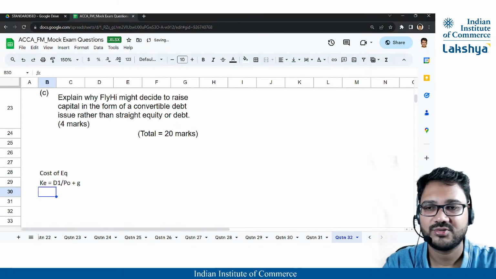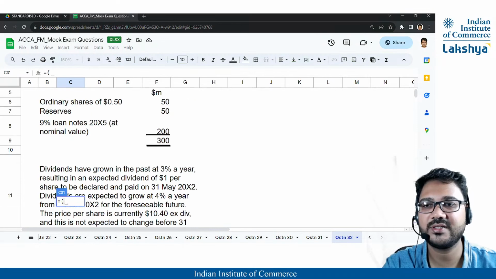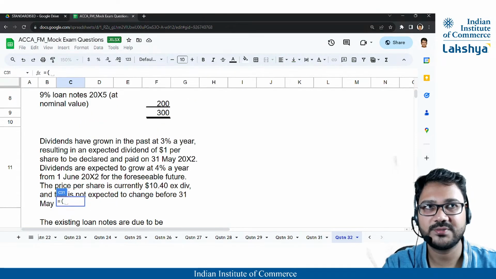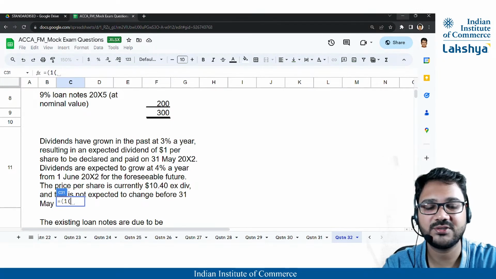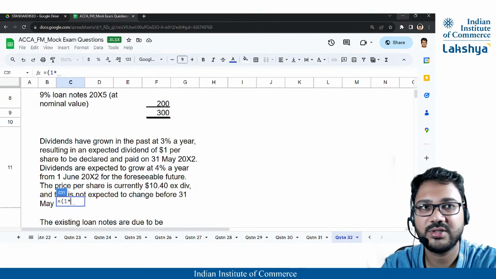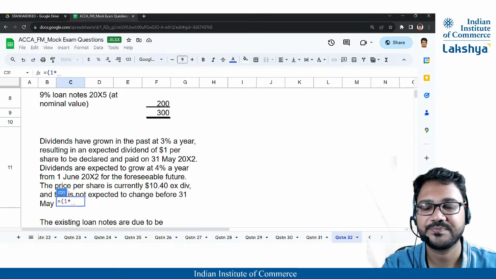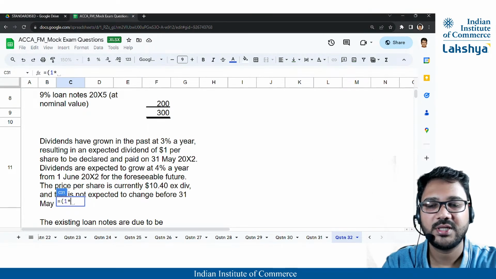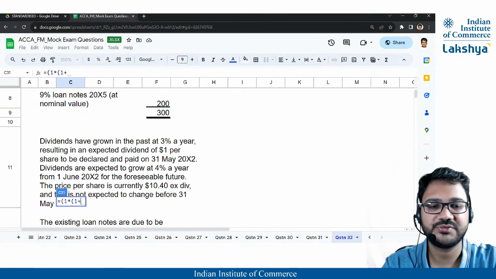So cost of equity is equal to, now for D1, we already know that our current dividend is $1. Now we need to find D1. So $1 into, wait, let me just see if the screen is coming properly. Yeah. $1 into 1 plus growth. So 1 plus 4%.